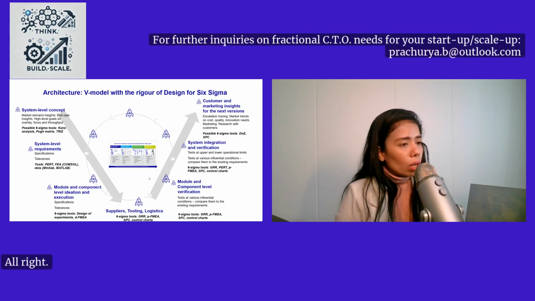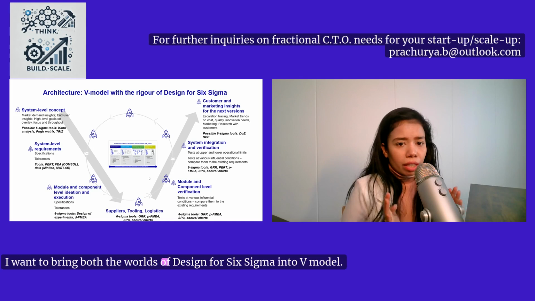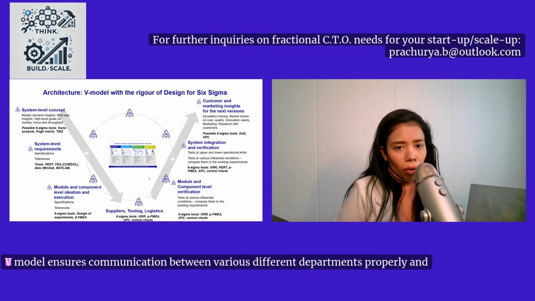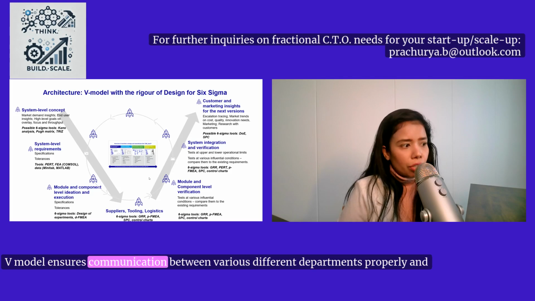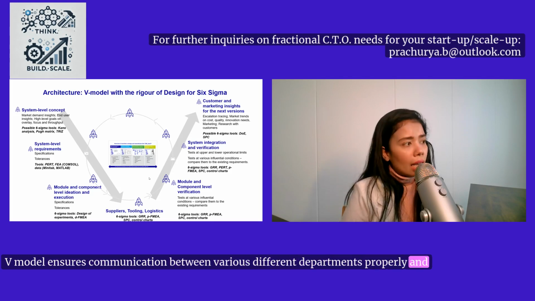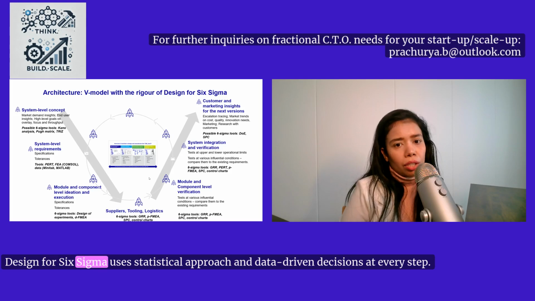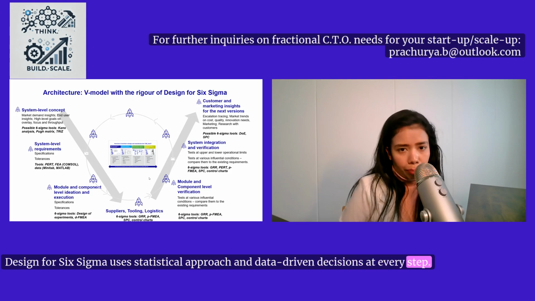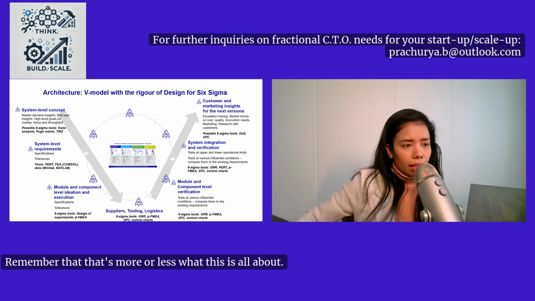I want to bring both worlds, design for Six Sigma and the V model, together. Why? The V model ensures communication between various different departments properly, and design for Six Sigma uses a statistical approach and data-driven decisions at every step. Remember that. That's more or less what this is all about.